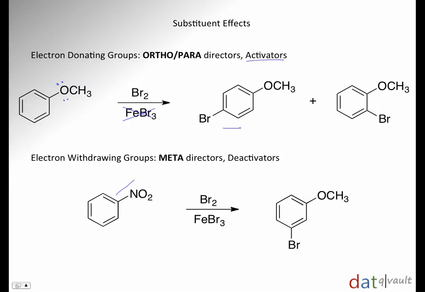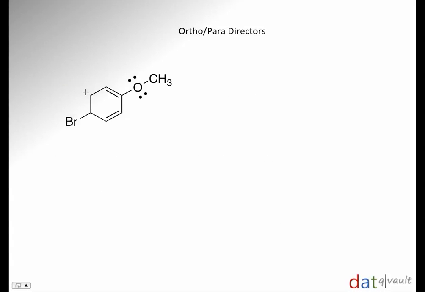Nitro groups are extremely electron withdrawing, with a strong dipole going towards the nitro group. If we did this reaction of nitrobenzene in the presence of Br2 and iron tribromide, we would get substitution in the meta position instead of the ortho or para positions. We'll go over why this is later on in this lecture, but first, let's focus on ortho-para directors.